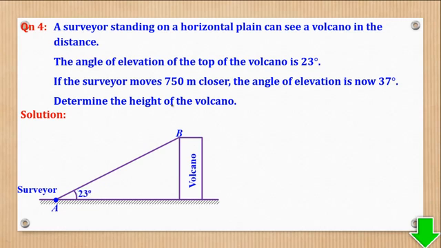Then this statement says when he moves 750 meters closer, he will be at the point C, so that this distance apart is 750 meters. And the angle of elevation has changed to 37 degrees, so draw your 37 degrees. They want the height of the volcano, so let it be x.